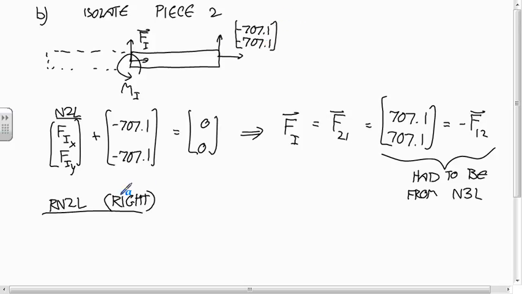Well, since my about point is this one, it doesn't do anything, okay? Doesn't produce any moment. So rotational Newton's second law says that there is a clockwise moment of 0.5 times Fiy.